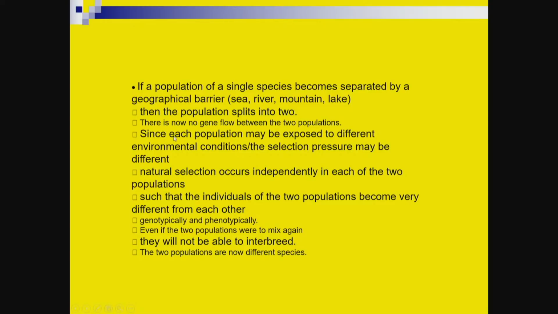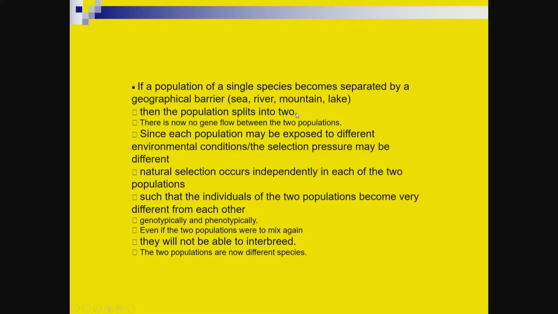Since each population may be exposed to different environmental conditions, natural selection occurs independently in each of the two populations. So the population splits into 2, either on the left-hand side and right-hand side of a mountain, or the northern part and the southern part.